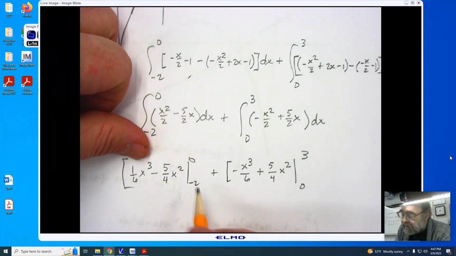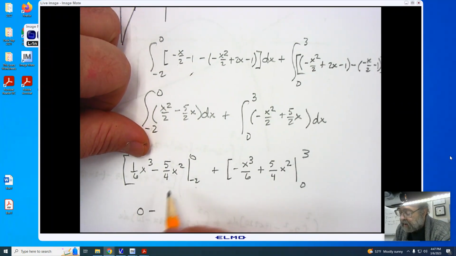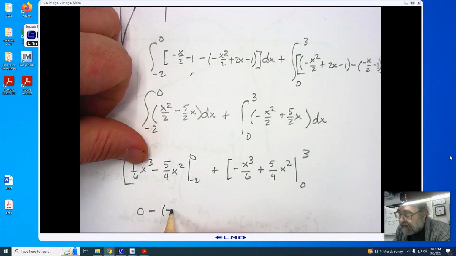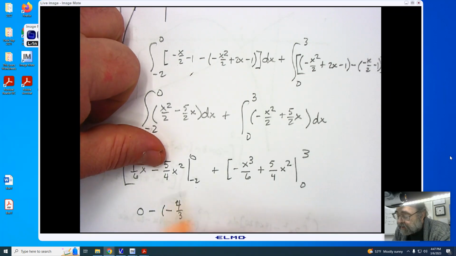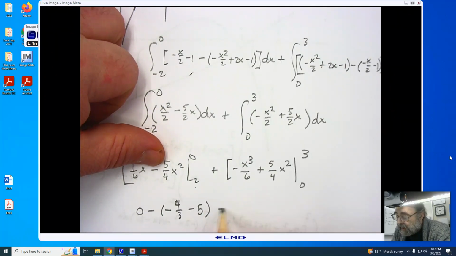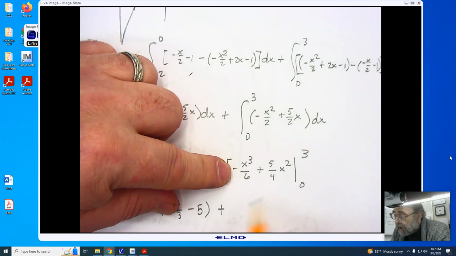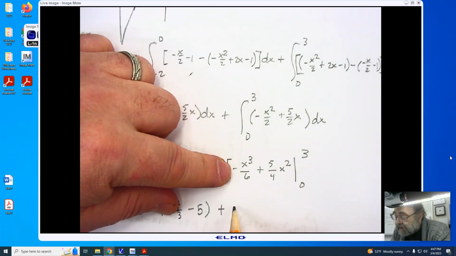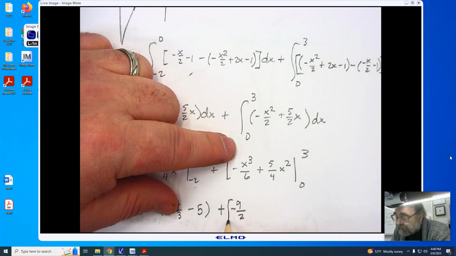Operatively, this one here, so we have 0 minus, and we're looking at negative 4/3 when it reduces, and we have 5 minus 5. Then we're adding to it, plugging in the 3. This is giving me 9 halves, and it's a minus.